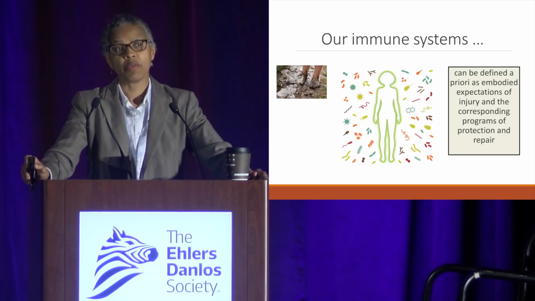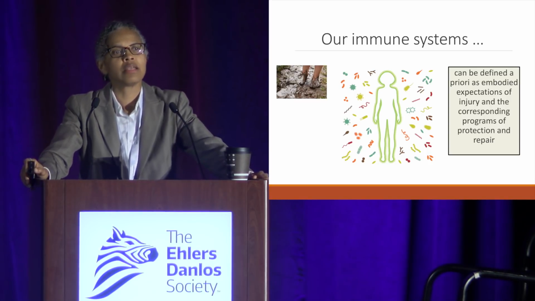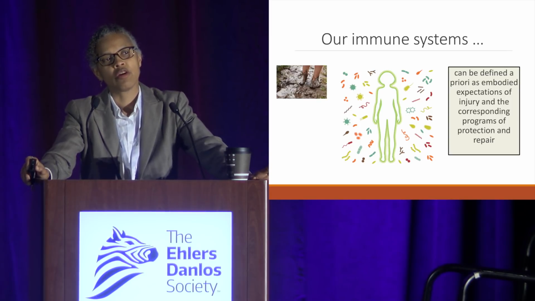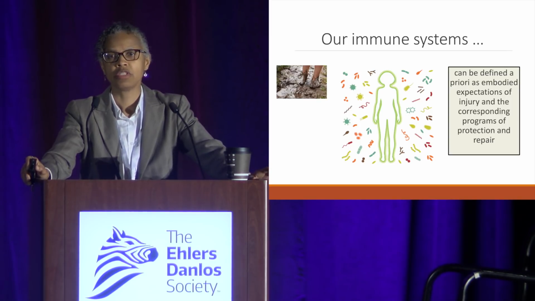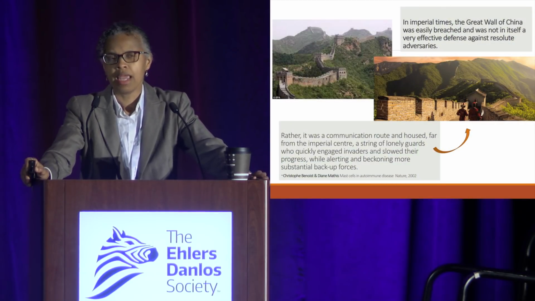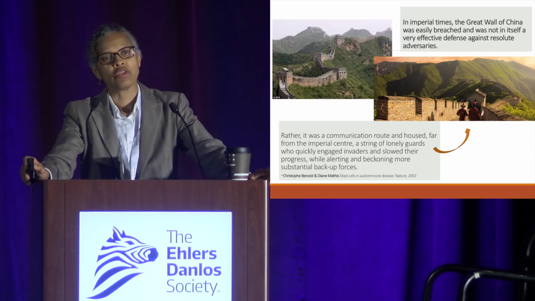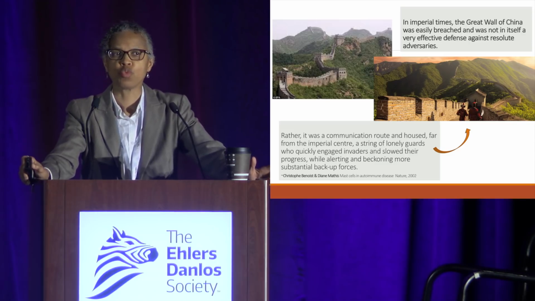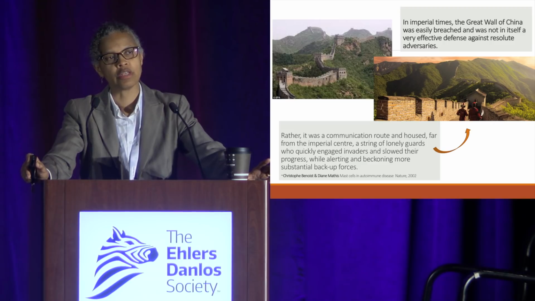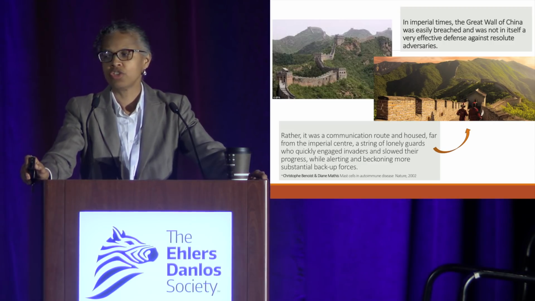And the cell population that is at the forefront of this is the mast cell. The reason it's kind of hard to diagnose an individual with mast cell activation syndrome is that this is not a blood issue. This is a tissue issue. One of the analogies I use is a city that has a wall around it. Not very effective with really strong adversaries, so you're going to need some help.